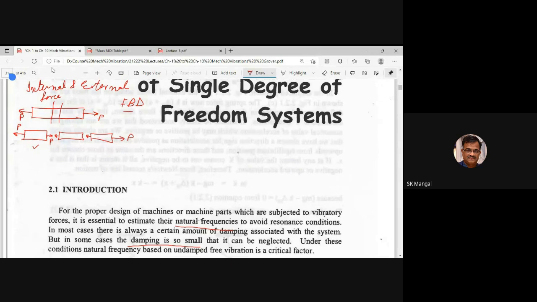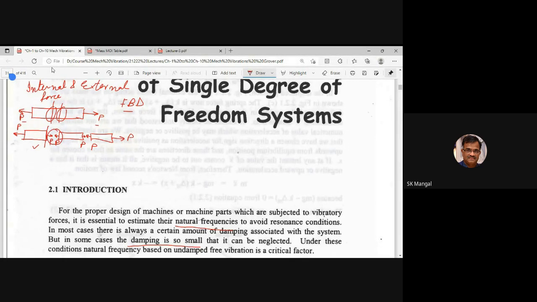To balance this force you will have some opposite force P. So for this plane as well as this plane, when you have an axial tensile force P, then on the internal plane you have a compressive force.